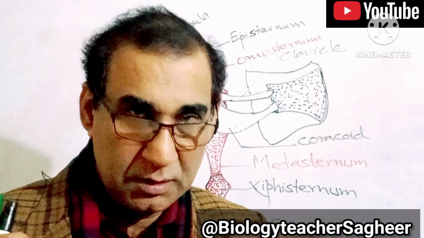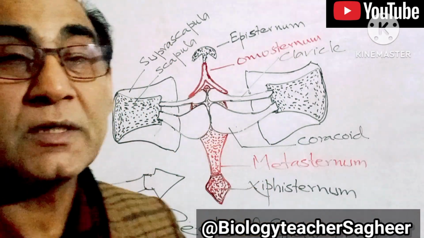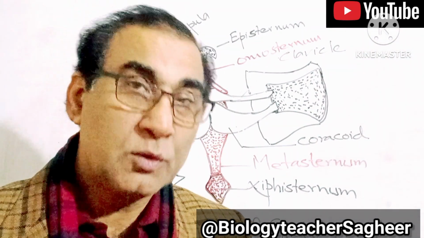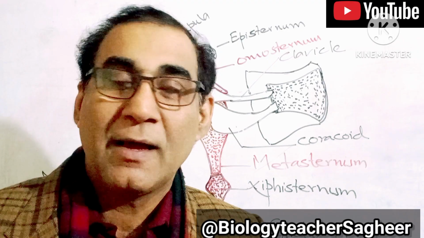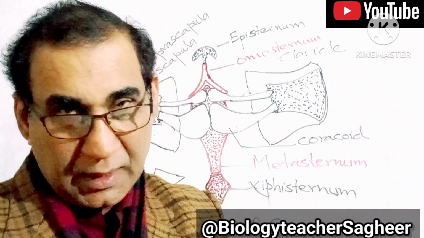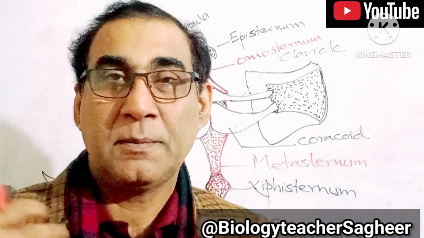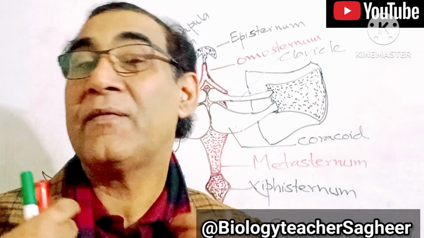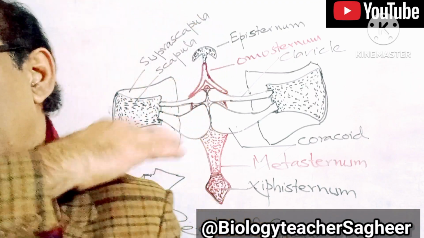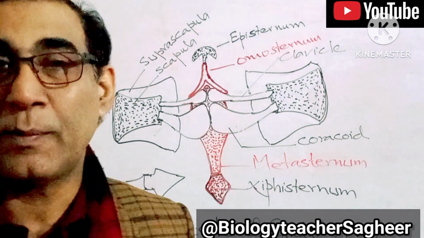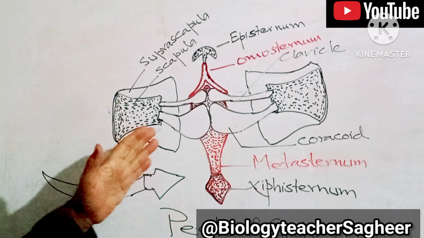Pectoris means shoulder, and this girdle joins the forelimb of yours as well as of frogs, in all the vertebrates. So this is the pectoral girdle. Here is the clavicle, and on the back side here is present the scapula.